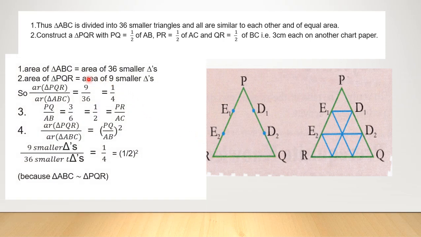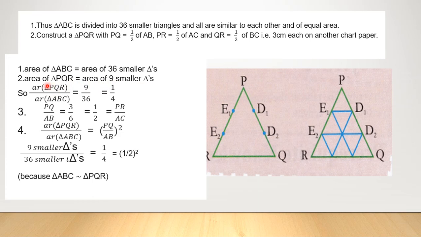So here we can conclude the area of the triangle ABC, which is the triangle of side 6 cm, is equal to the area of 36 small triangles, and the area of triangle PQR, which is 3 cm side, is equal to the area of 9 smaller triangles.